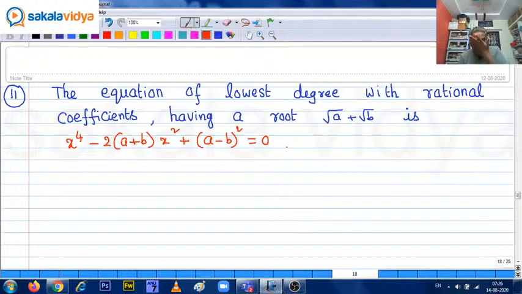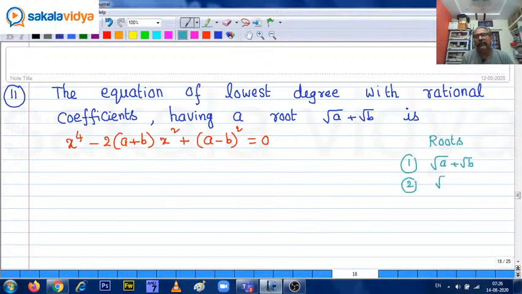That means if one of the roots is in the form of root a plus root b, we expect the roots like this. One root is already given, that is root a plus root b.